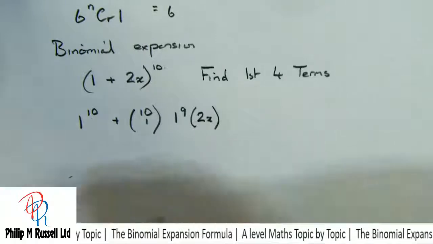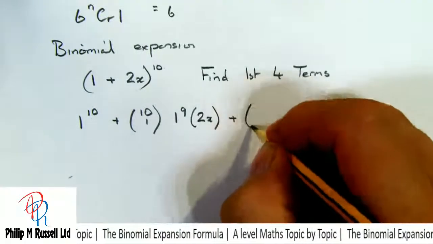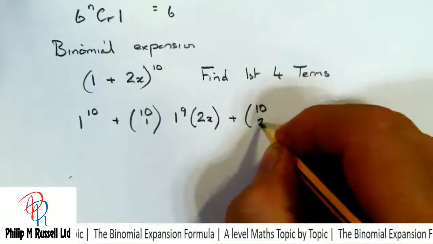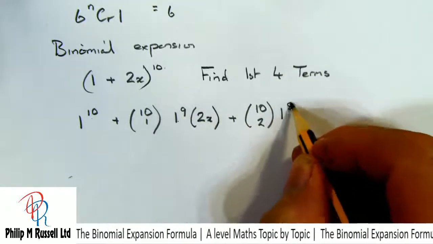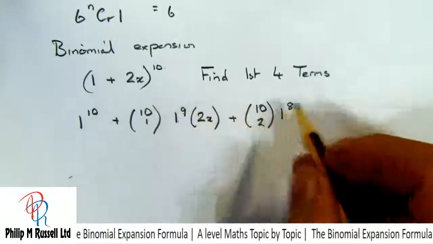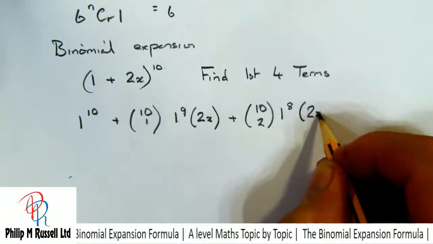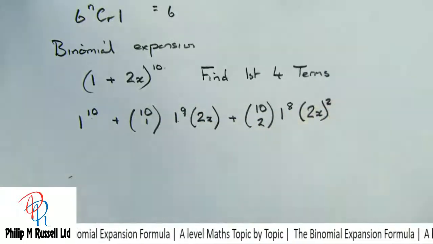My next term is going to be 10 choose 2. This is going to be 1 to the 8, because they're going down in order, and this one is going to be 2x all squared.